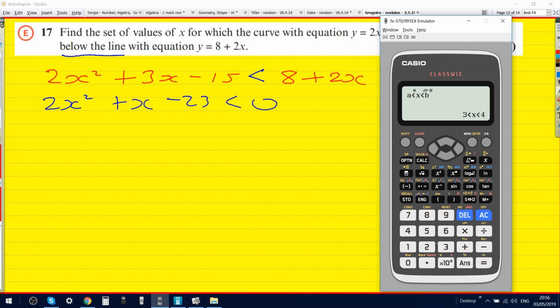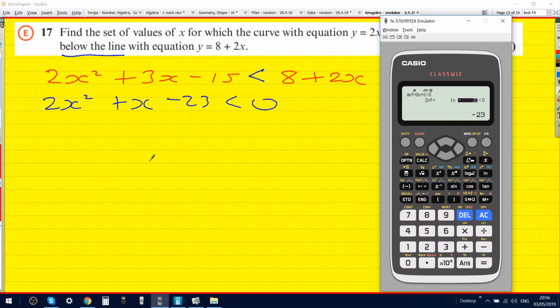So 2x squared plus x minus 23. Draw that. So this is the x intercept, right?